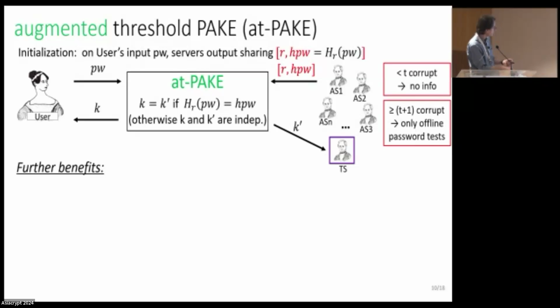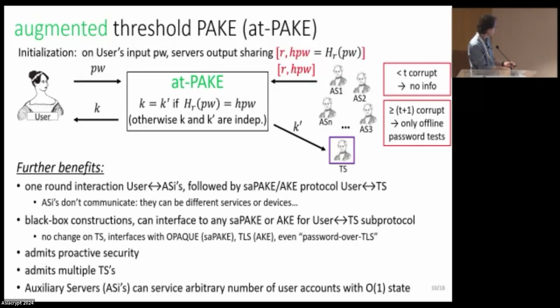The schemes that we propose have some further benefits, and this is that they are very low interaction. The user basically sends one message to these servers, and she receives one response, after which she just directly talks through the TS. Moreover, the second step is a black box. Between the user and the TS, we can run any APAKE, or even authenticated key exchange, or even password over TLS, although this would get weaker security.